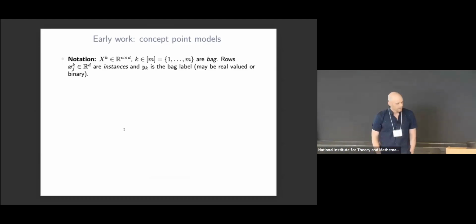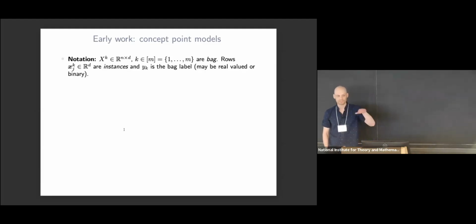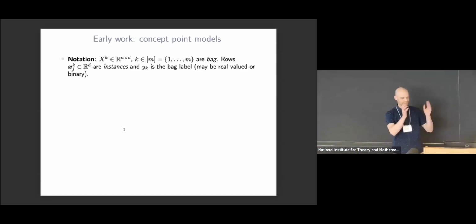I'm going to use X_k to represent a bag as a matrix. I have M bags; think of that as my training data. The rows of the matrix are the instances, or the embeddings of the instances. Those are vectors in 3 dimensions, and each dimension is a feature, like the shape and color in the example before.